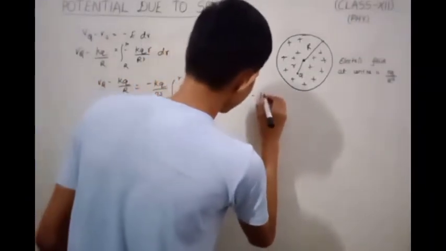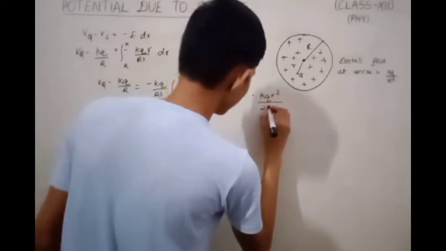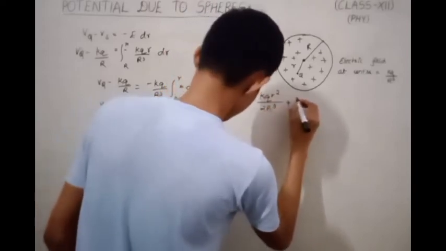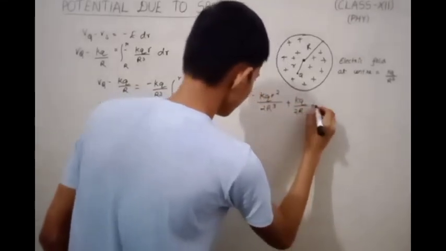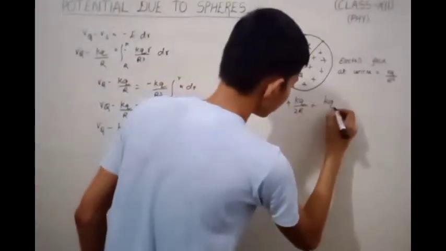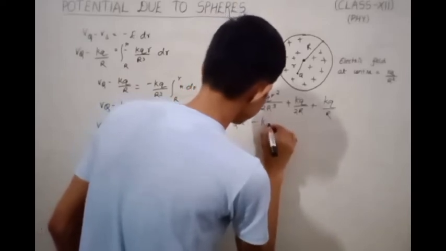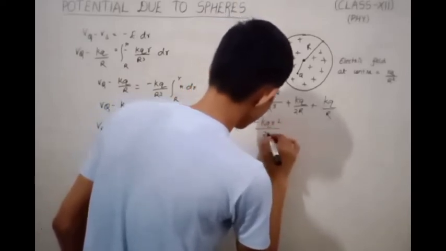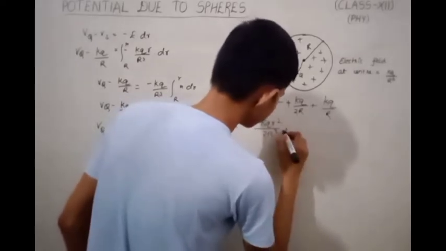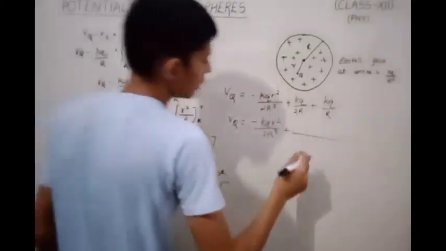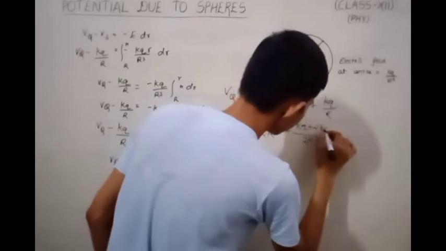Vq equals minus kq r square divided by 2R cube plus kq divided by 2R plus kq divided by R. The LCM is 2R, and this becomes kq plus 2kq.